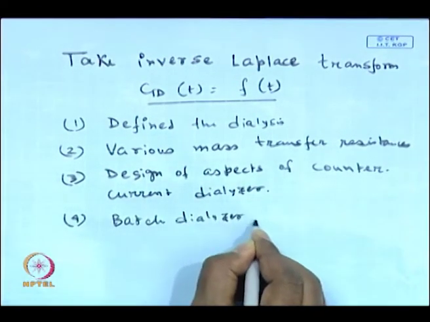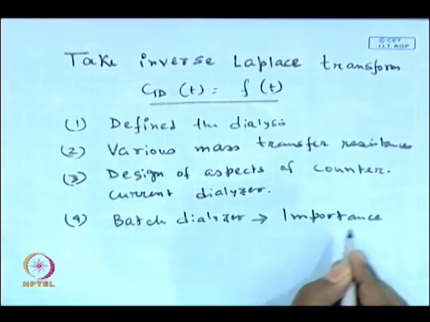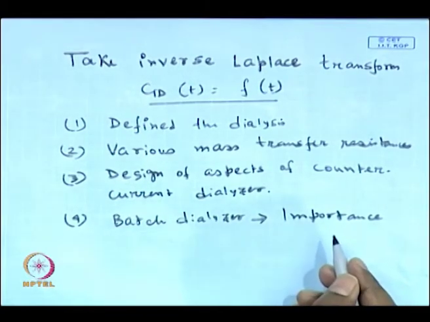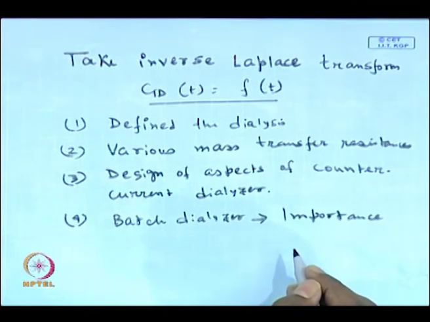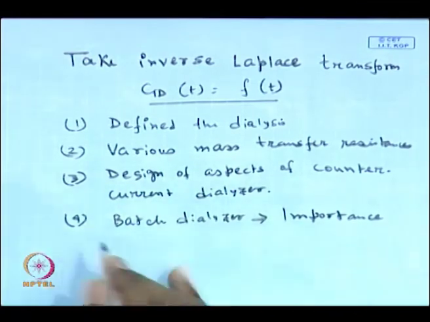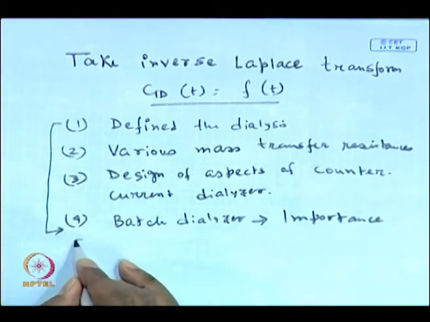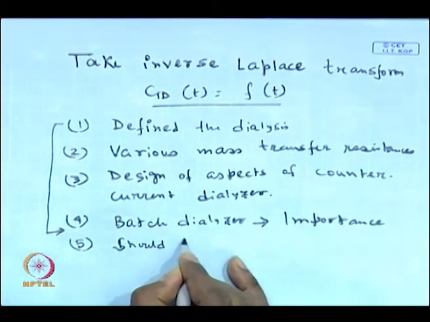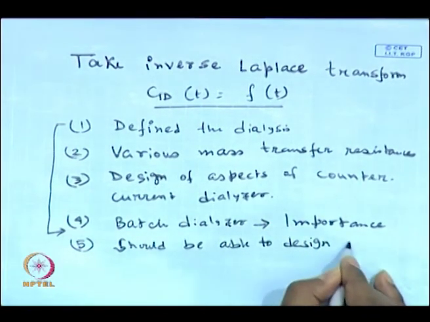The importance of this batch dialyzer is that it gives you an important parameter, the diffusivity of the solute through the membrane phase, which will be utilized in the design equation of the continuous counter current dialyzer. So, using this information, steps 1 to 4, you should be able to design a dialyzer.